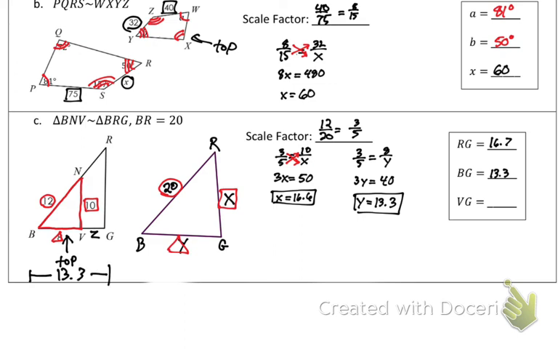So to get z, we just have to subtract 8 away from it. So our z is going to equal 13.3 minus 8, which equals 5.3. So the last one is 5.3.